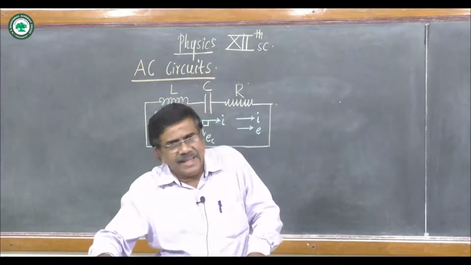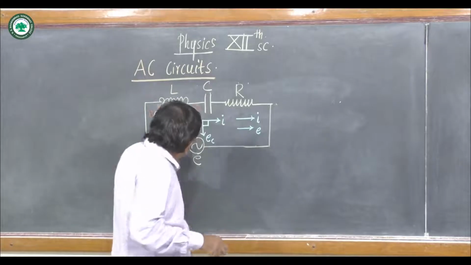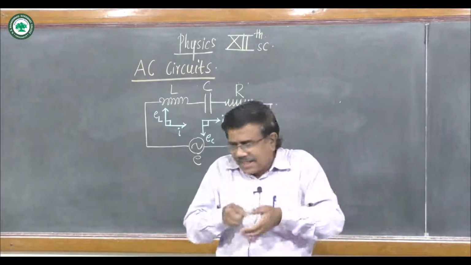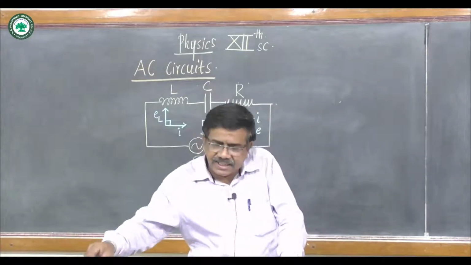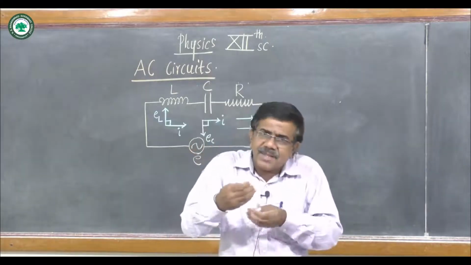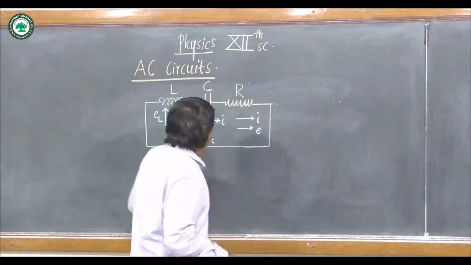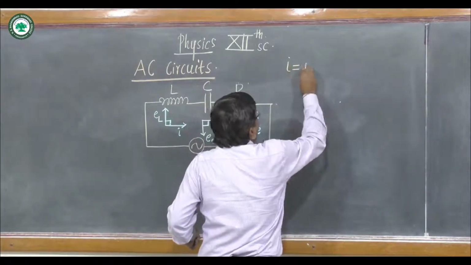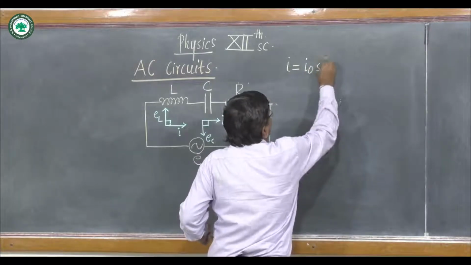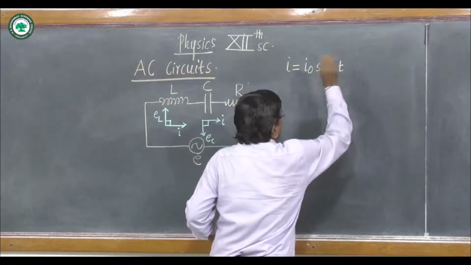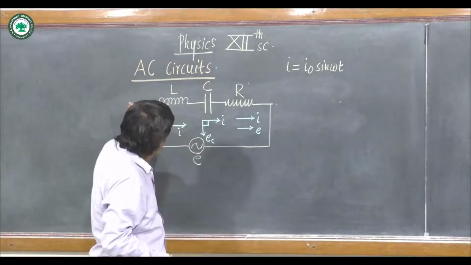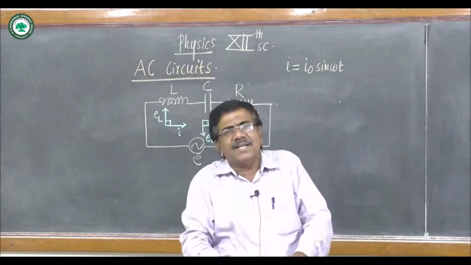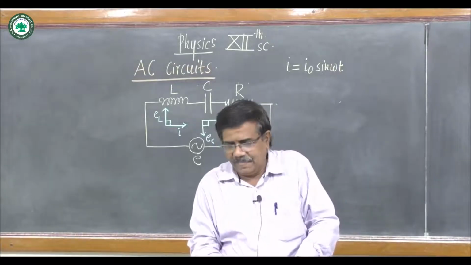Now current I through these series components, as they are connected in series, at any instant through these three elements has the same amplitude and phase, and is represented by I equals I0 sin omega t. Current is same through inductor, capacitor and resistor as they are connected in series.